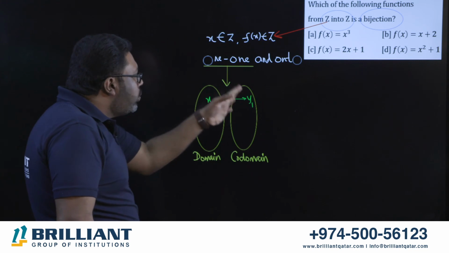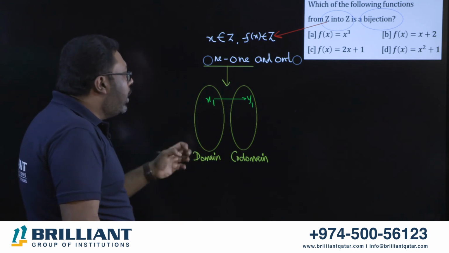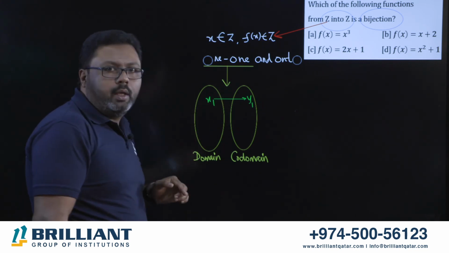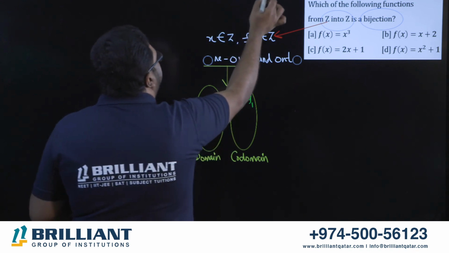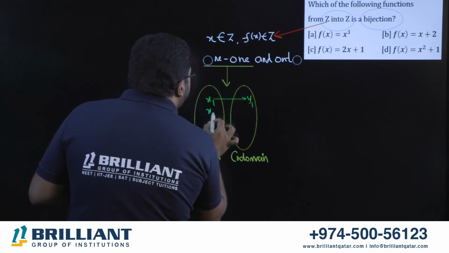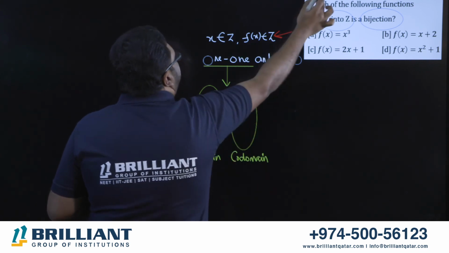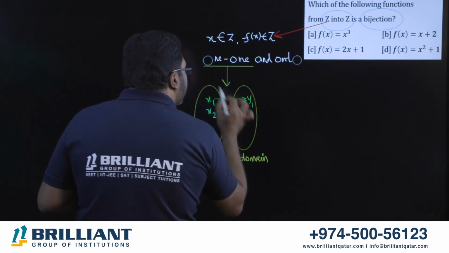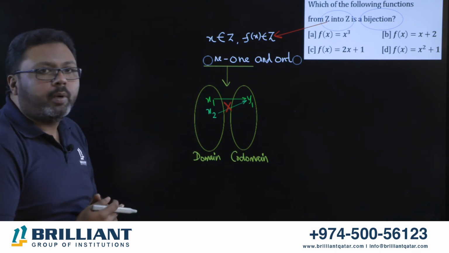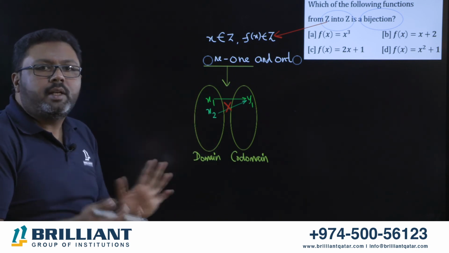That is, this image y1 should belong to only x1. There should not be any other element. If I take any other element x2, it should not go to y1. That is the condition for becoming 1-1. If it goes to y1, it is not 1-1.